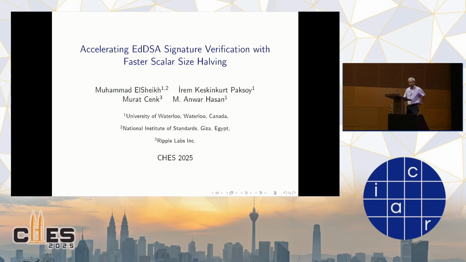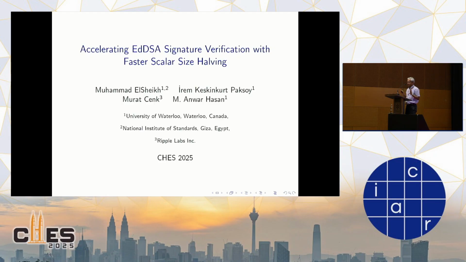So this talk has basically two parts. One deals with faster scalar size halving, and the other deals with verification of EdDSA signatures.